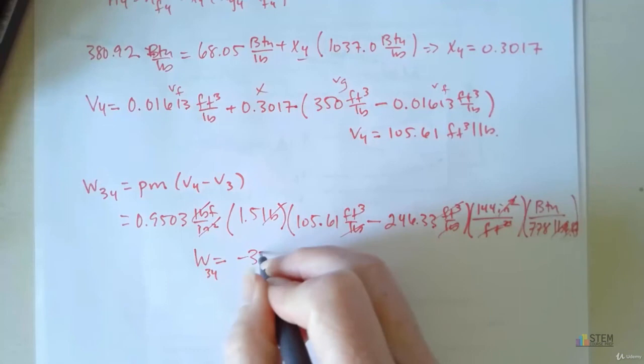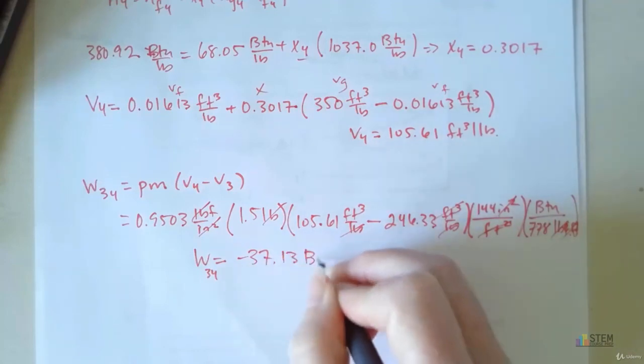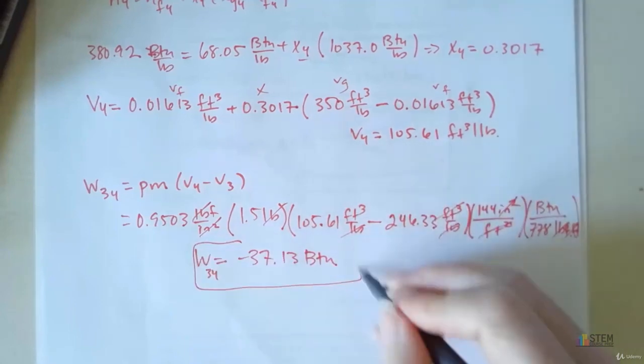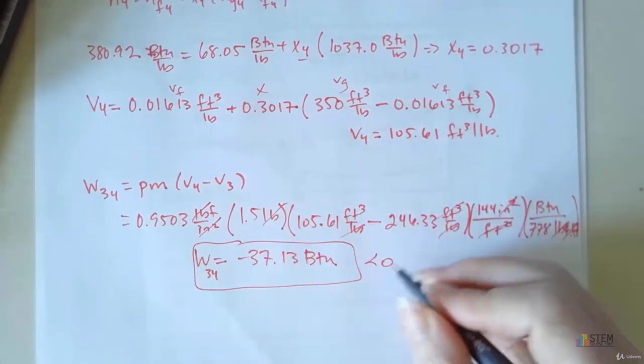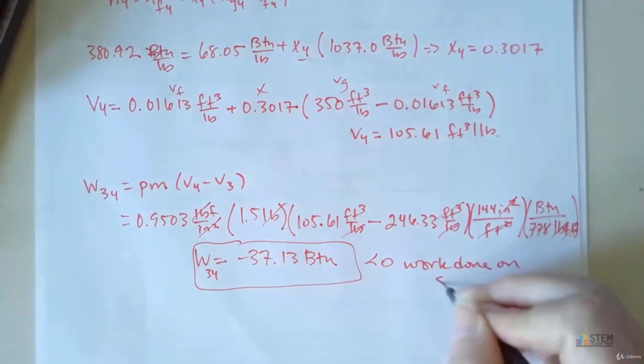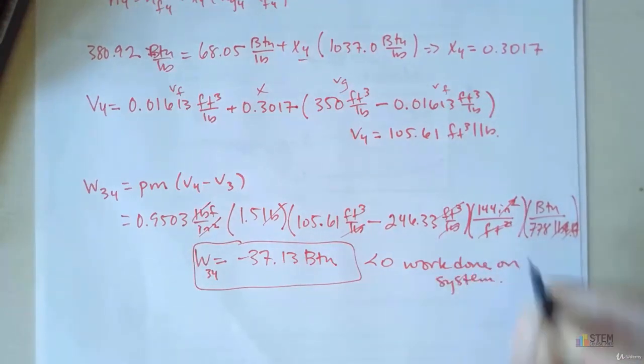That's going to be negative 37.13 BTU. This is less than 0. That means work is done on the system. So you had to have some sort of power supply or something happening in order to make this process happen. Not just going to happen on its own.